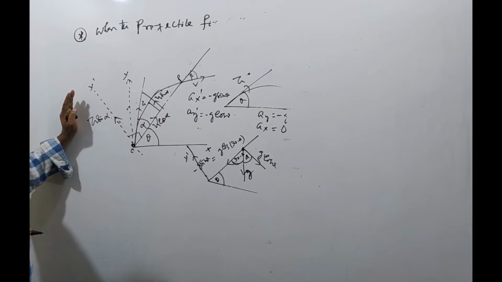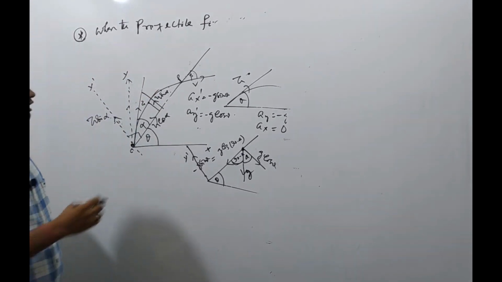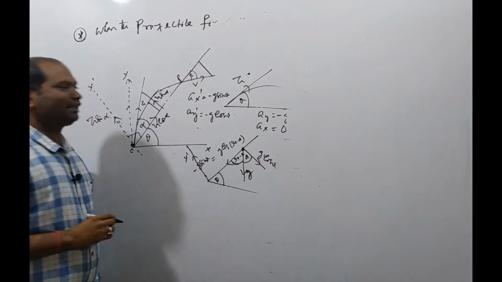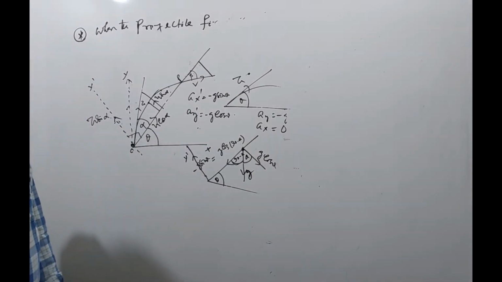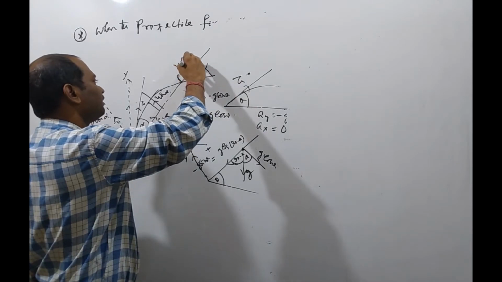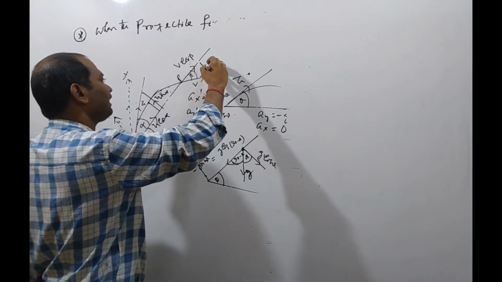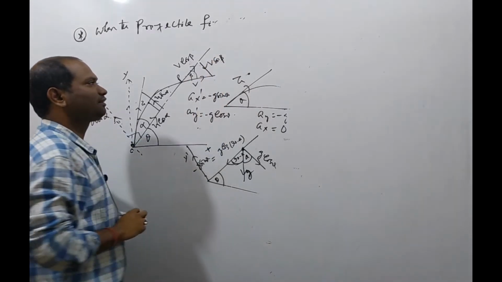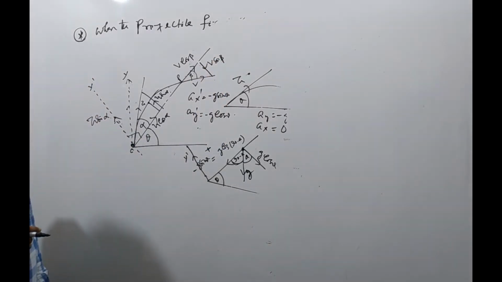Then the striking velocity must be resolved into two components. One is V cos beta and another one is V sin beta. Isn't that it?